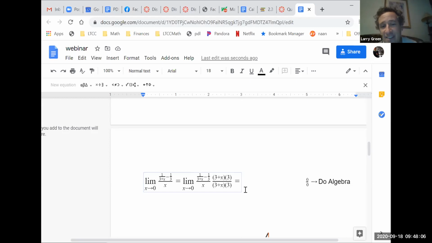So a big suggestion is don't touch the denominator. Just leave it. Got it? So what we have now is the denominator still x times 3 plus x times 3. But now the numerator gets nicer.